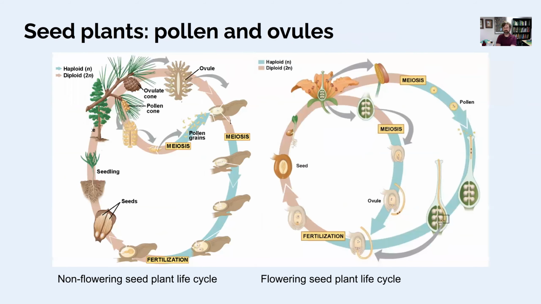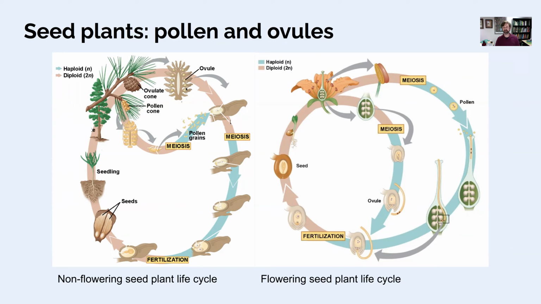All right, so just a little bit, we'll cover this in much more detail later. Just a little introduction to the seed plants. So seed plants include the non-flowering seed plants, or the gymnosperms, and the flowering seed plants, or the angiosperms. And these both have pollen and ovules.